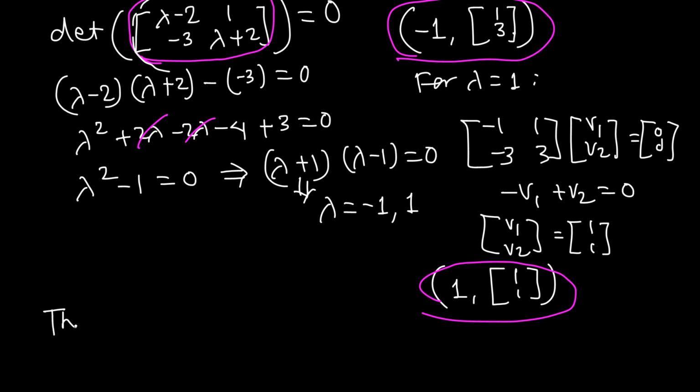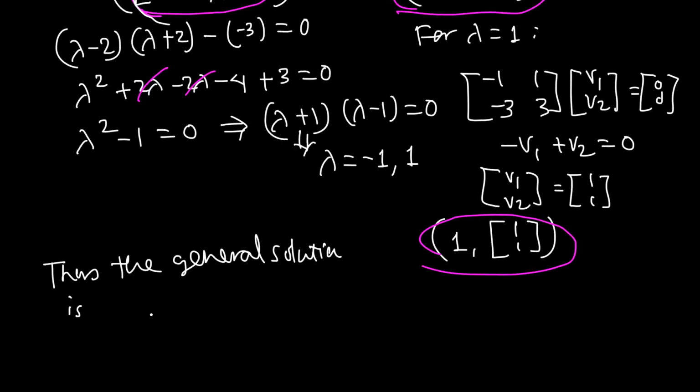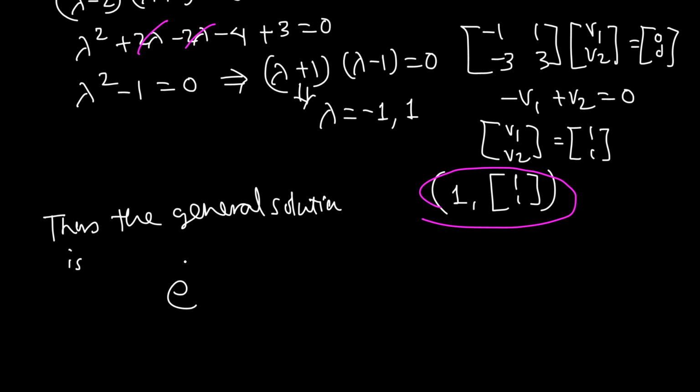Thus the general solution is, for the first, which is negative 1 with (1, 3): e raised to negative 1 t times (1, 3), that's one solution, and e raised to 1 t times (1, 1) is another solution.